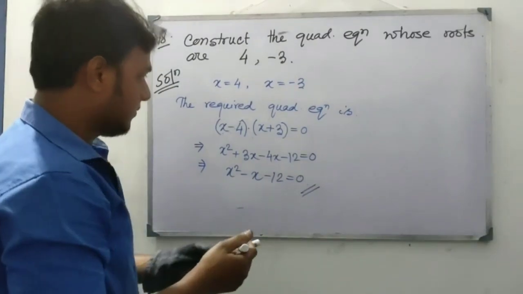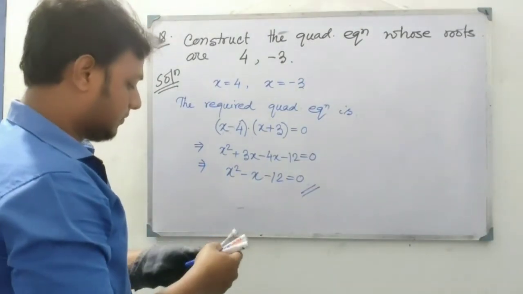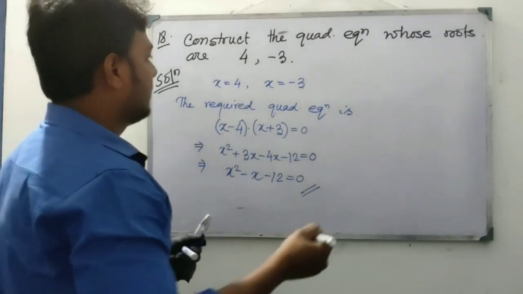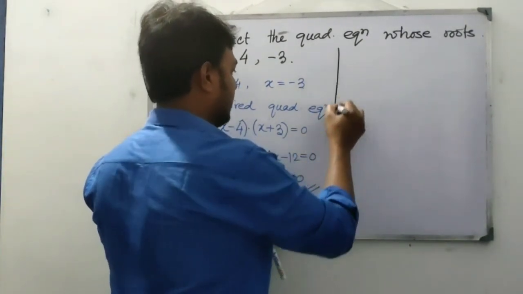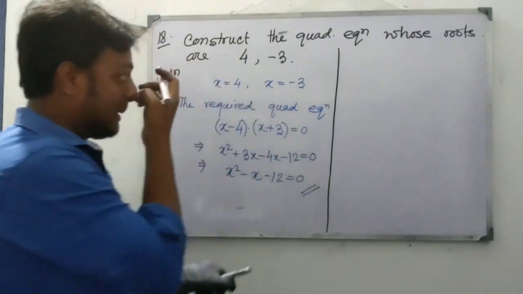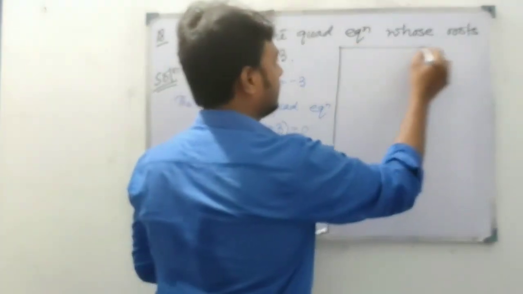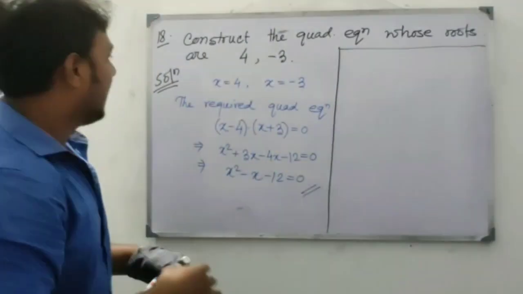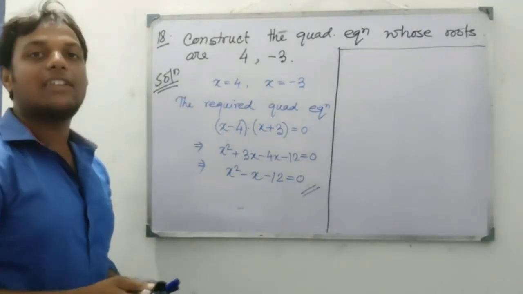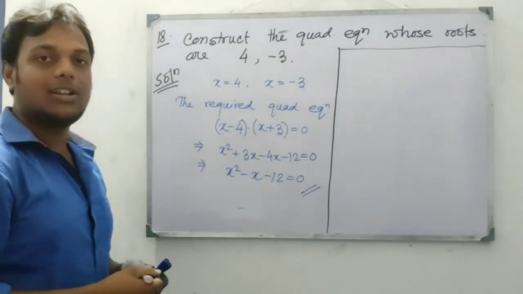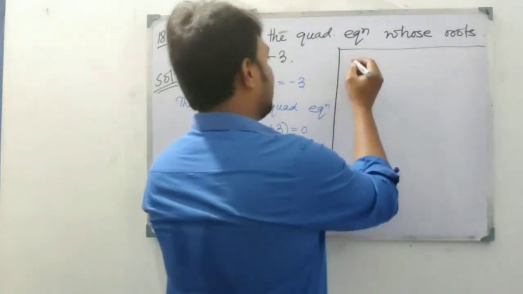Suppose in the place of 4 and minus 3, roots are alpha comma beta. Arbitrarily we are taking that.